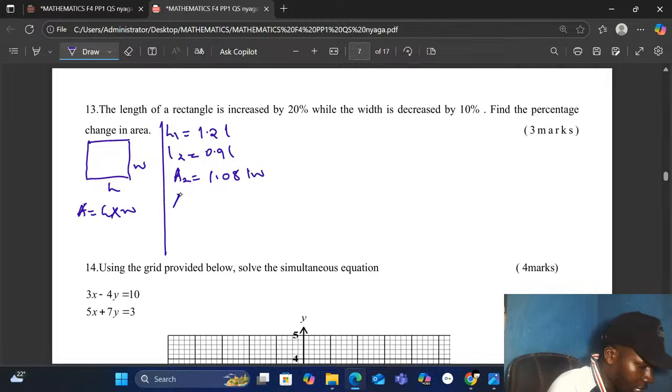So the change in area will be equal to 1.08 LW minus the actual area, which is length times width. 1.08 LW is the new area. Then we subtract the actual area, which is LW: 1.08 minus 1. We factor out LW, but we now look for the percentage change.